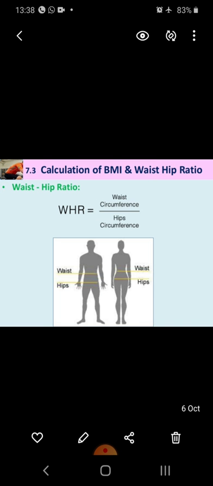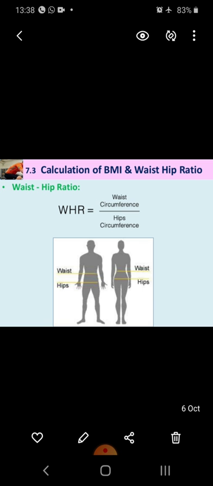Next is waist hip ratio. The formula to calculate waist hip ratio is waist circumference divided by hip circumference. As you see in the picture, the waist is where your navel is, that is your waist circumference.